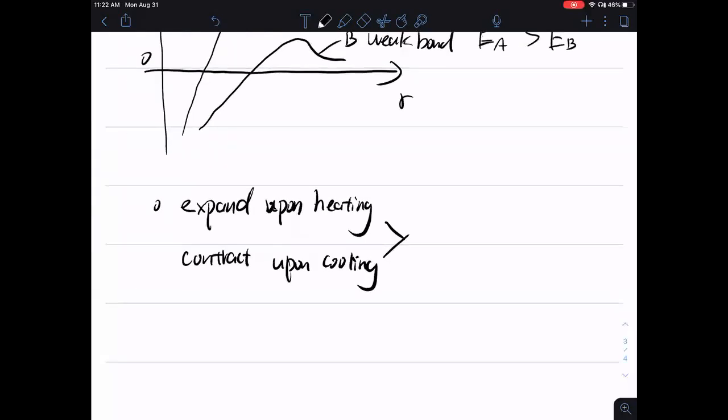This expanding upon heating and contracting upon cooling is defined as the coefficient of thermal expansion. It's a material property, and you will learn that in mechanics of materials.